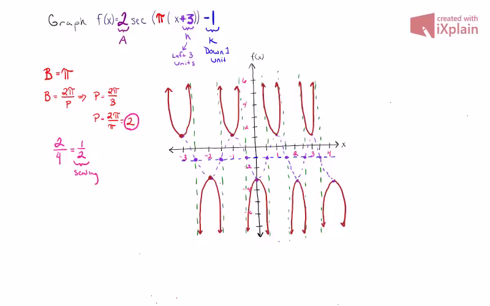A couple other things to note here. We can identify the range. Notice that we have something going from -3 down to -infinity, although we always want to write that from the smallest number to the largest.